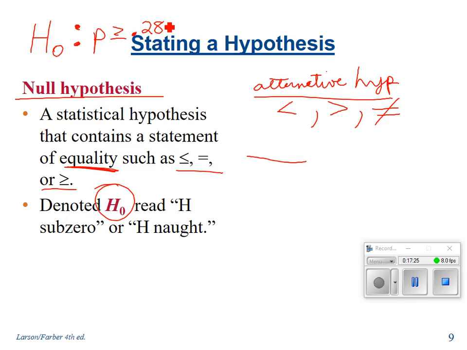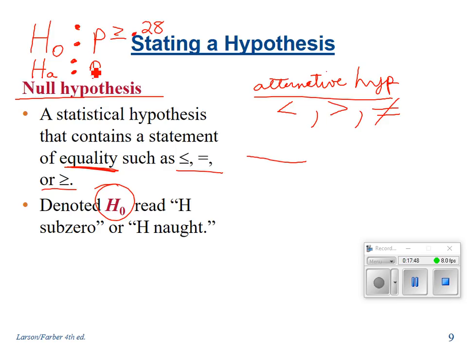Our other one, instead of HO, is HA. A stands for alternative. And they've got to be complements of each other, and we'll talk about this more. If you write the null hypothesis as P is greater than or equal to 0.28, then the alternative hypothesis has got to be everything else.